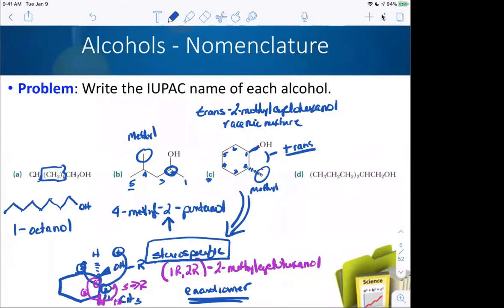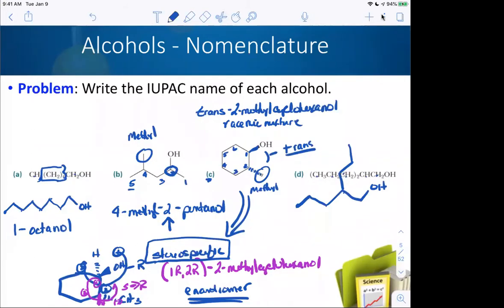Okay, now let's look at this next one. This next one is easier if I draw it out. So I have 1, 2, 3, 4, 5. And then I have my OH. And then on this carbon, I have another 1, 2, 3. So that's going to be 1, 2, 3, 4, 5.